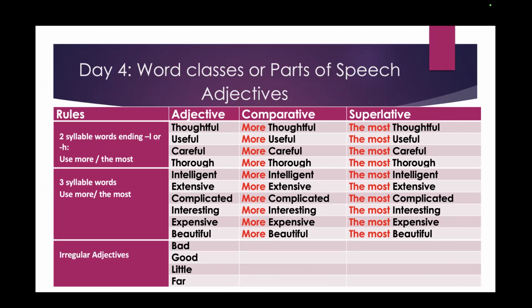And irregular adjectives. Does anyone know how you turn bad into a comparative and superlative form? So this is an adjective that completely changes its form. It's an irregular one. Does anyone know? Okay.